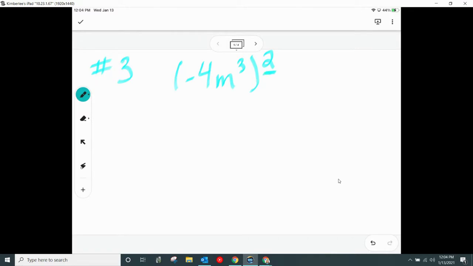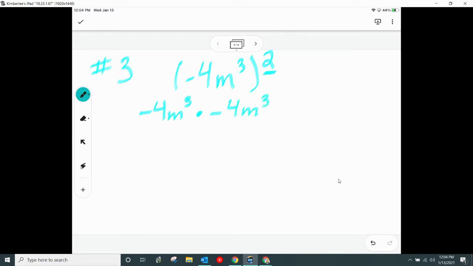So what that means is to write it down twice. Multiply all the stuff inside the parentheses times itself twice. So I'm going to do these a long way by expanding it out, and then I'm going to show you the shortcut at the end if you haven't already figured it out. So it means negative 4m cubed times, I have to multiply it times itself. That's all the stuff in the parentheses, so I'm multiplying it times itself twice.